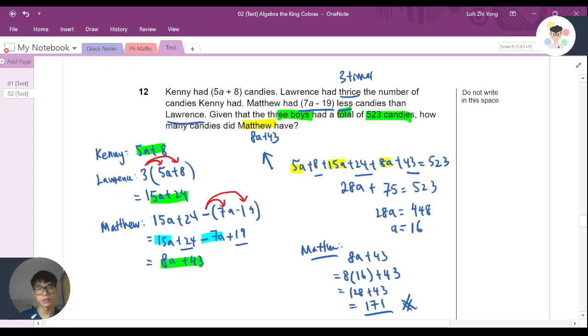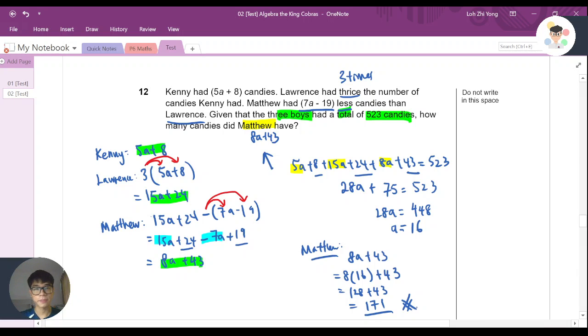That is the final answer for this question. It's something simple, but the tricky part is you need to know that. If you notice, in this whole test paper I've been repeating this type of question, like minus times in, or 3 times, at least 3 times, because I need you to be very, very careful with this.